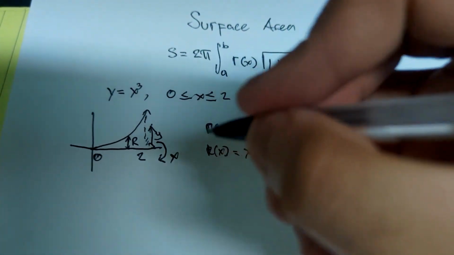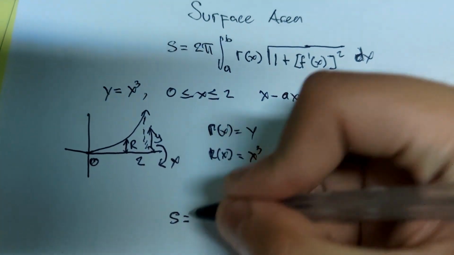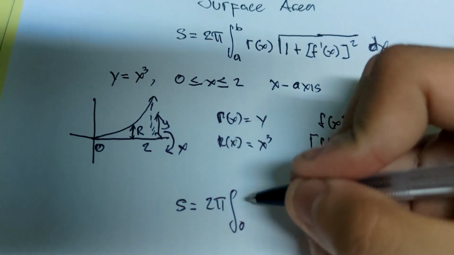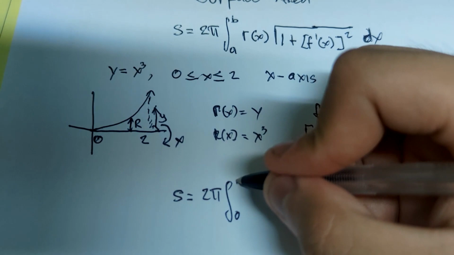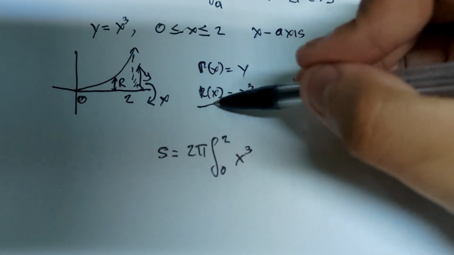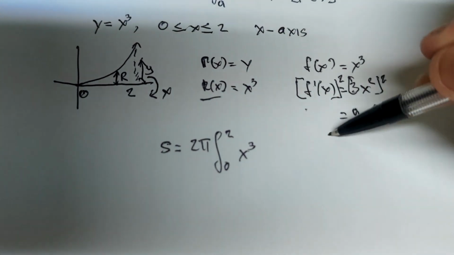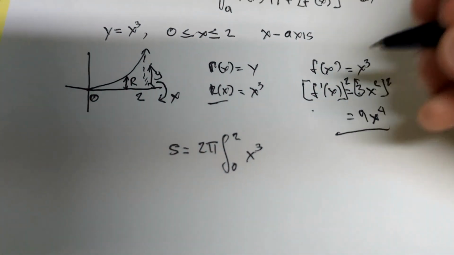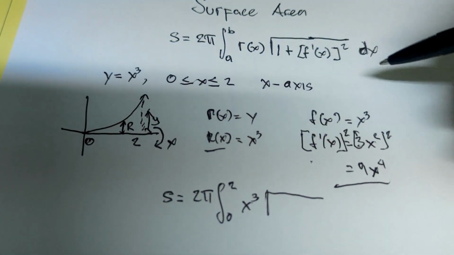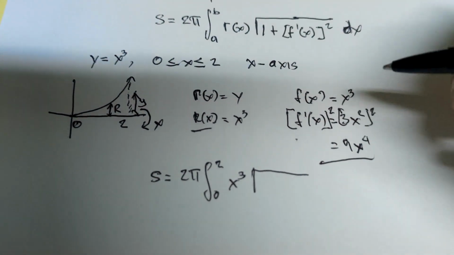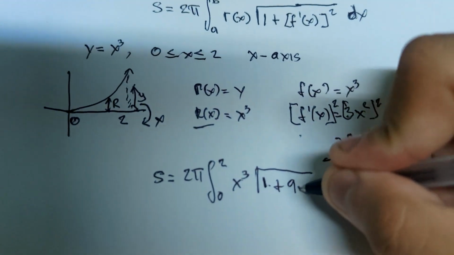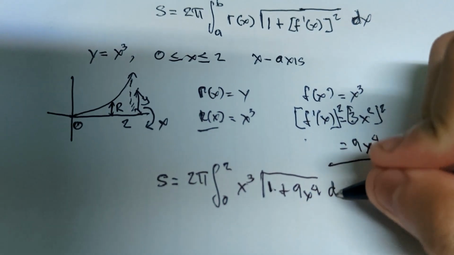So s is equal to 2 pi integral with limits of 0 to 2 of x cubed for our radius value, and this will be the value of our f prime of x. So our f prime of x squared is just 9x raised to 4. So 1 plus 9x to the 4, dx.